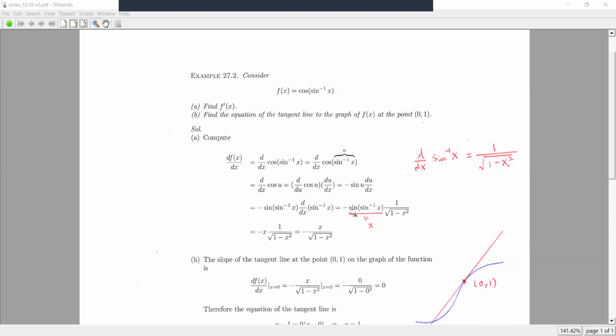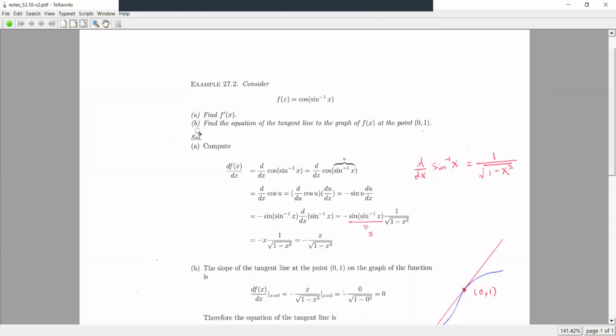Please note that sine of inverse sine of x is x, because inverse sine takes x to somewhere, to a point somewhere. Sine takes the point back to x. So I have this equation. Now move x to the top, then I have this equation. This is the result of the derivative of function f.